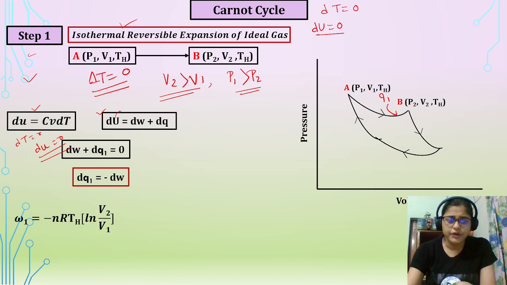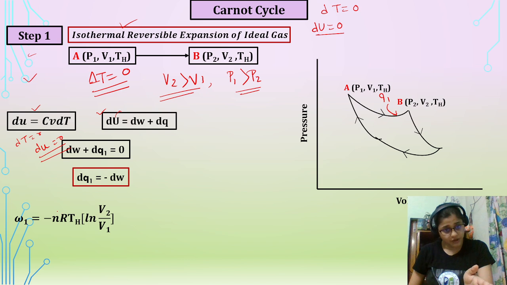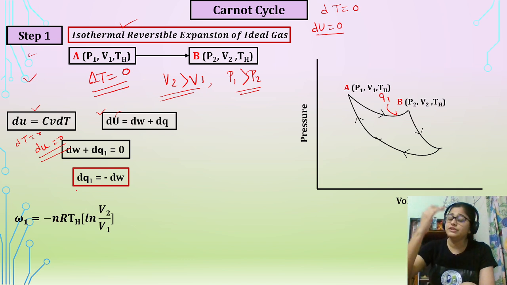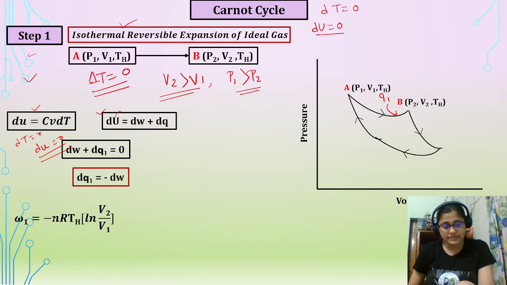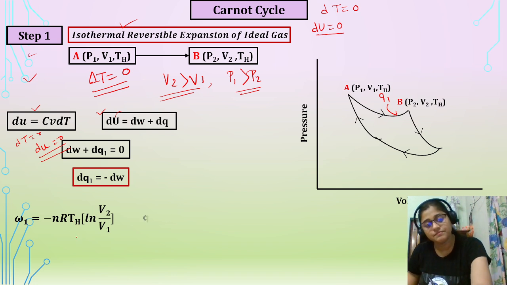And we know for the reversible isothermal case, the work formula is W1, let's say, equals minus nRT ln(V final / V initial). Here V final is V2, V initial is V1, n is the number of moles, and TH is the temperature, which is constant for this process. Fine.